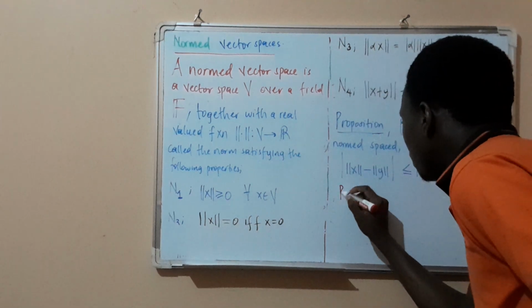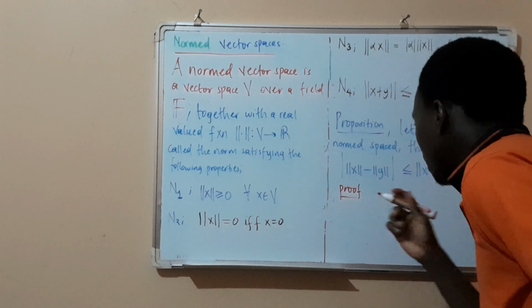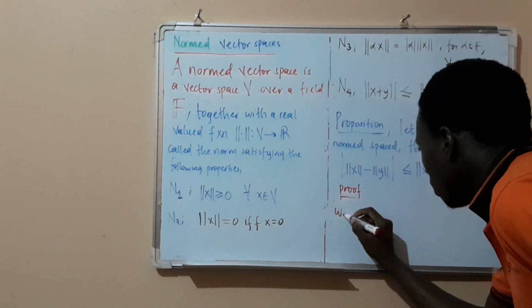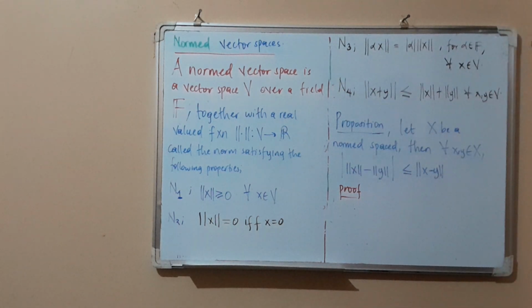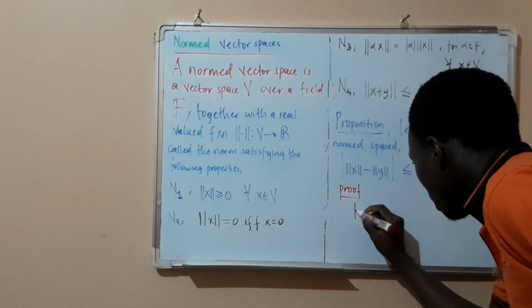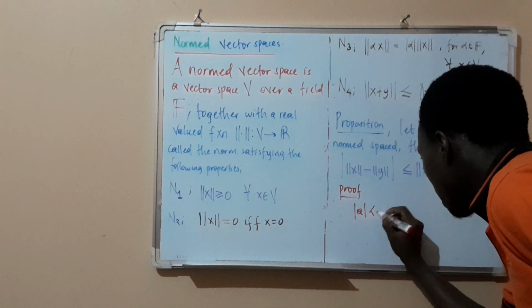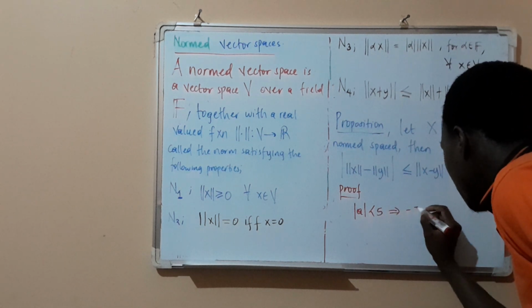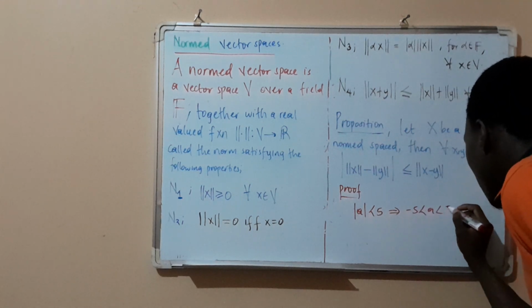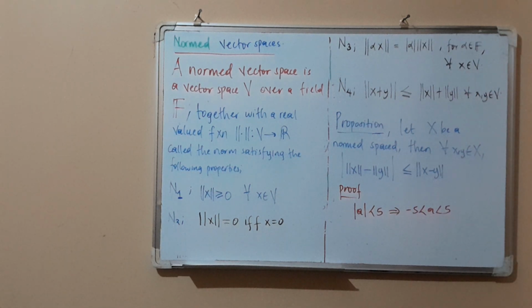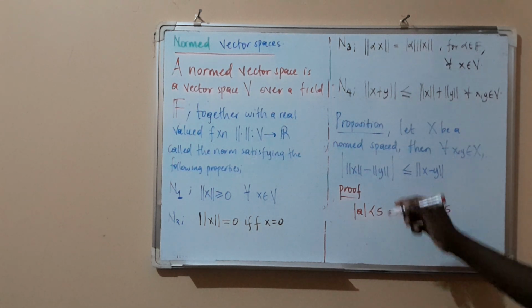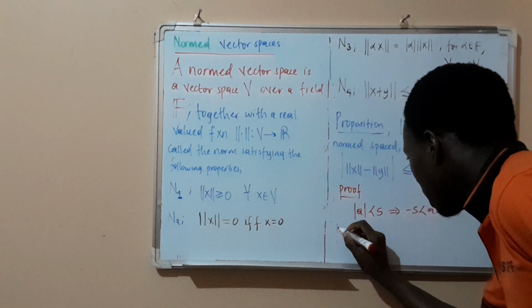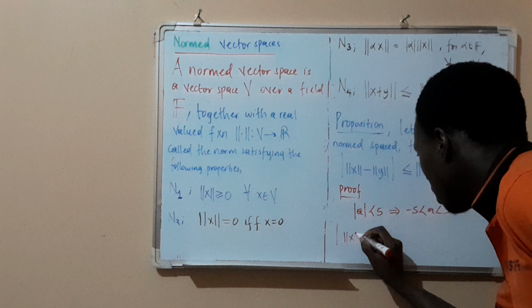So, proof. Here it suffices to show that, first of all, we have to think about what this means. If I have absolute value of A less than 5, this implies that negative 5 is less than A is less than 5.